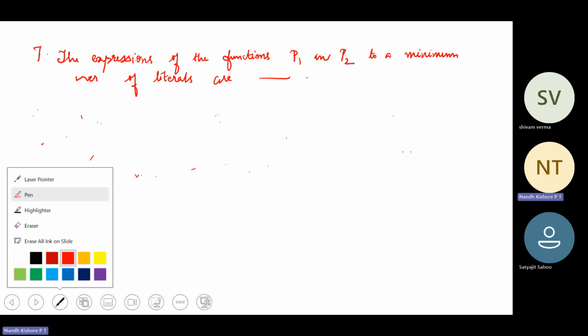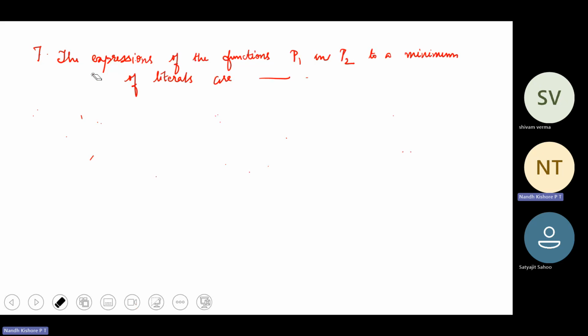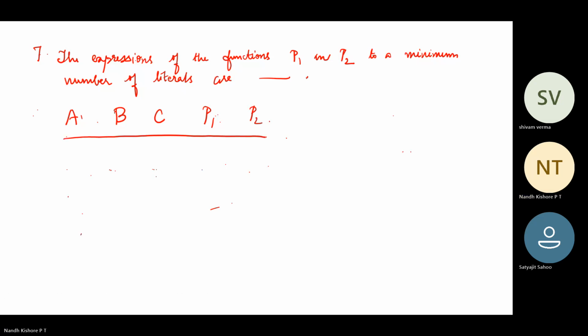So they have given a truth table. We just need to find out the expressions for P1 and P2. The truth table is A, B, C, P1, P2, and you have all standard entries.